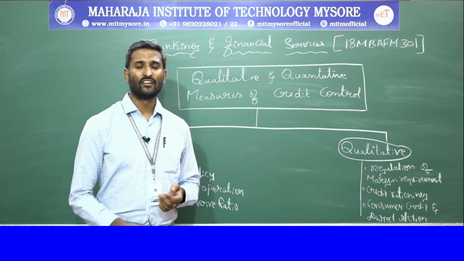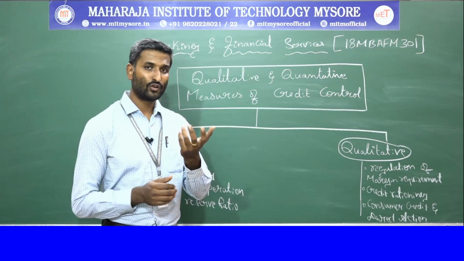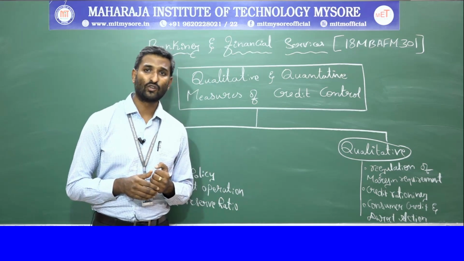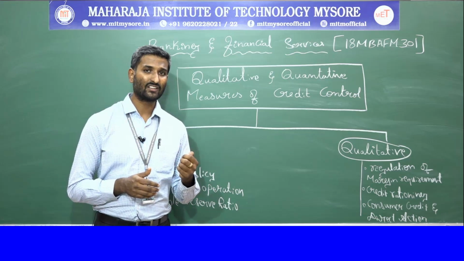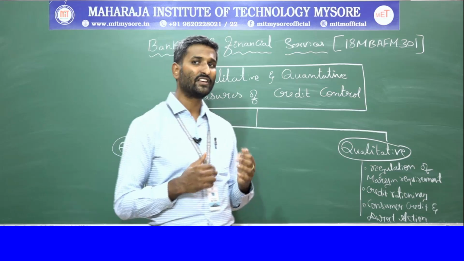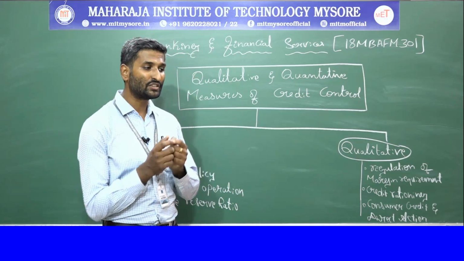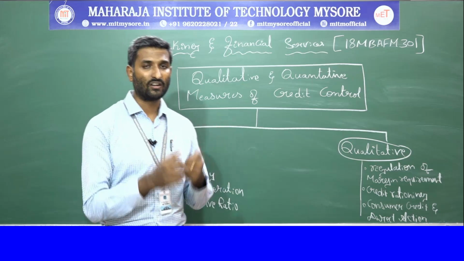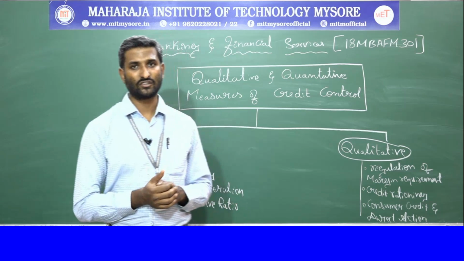Then the last one concentrates on consumer credit. For consumer credit, you may have heard of the CIBIL score. Based on the CIBIL score, they get to know the credibility or creditworthiness of the individual. Based on that, they decide whether to give a loan or not, or how much loan can be sanctioned to them.